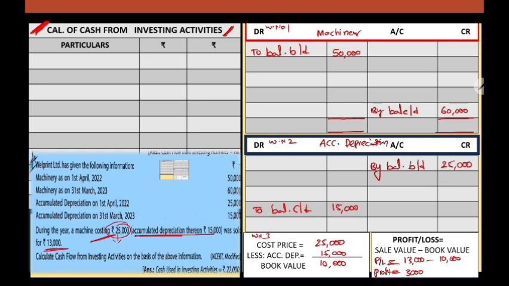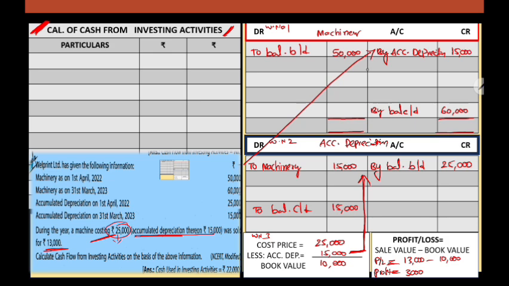The opening and closing balances are done, and after working note 3 we enter this. First, from the working notes, in reverse we go to the machinery account. 15,000, as we always follow, will come. This value we show here. Automatically this will come here, by accumulated depreciation is 15,000.